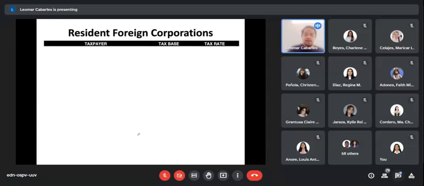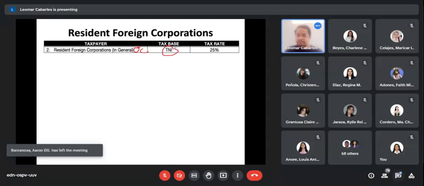Now, ang resident foreign corporation, meron din siyang ordinary corporation. Net income din siya, taxable net income, 25%. 20% doesn't apply here. Pero anong pagkakaiba nito sa domestic?